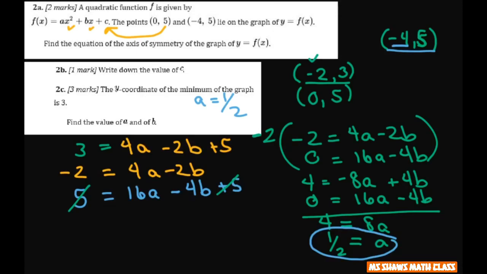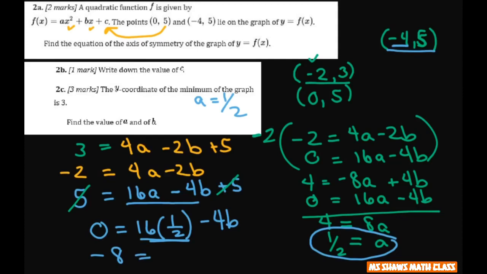So let's go ahead and pick this one, because that one we know is 0 equals 16 times 1/2 minus 4b. So I'm substituting. And so this is 8. So you get -8 equals -4b. Divide both sides by -4. So you get b equals 2.